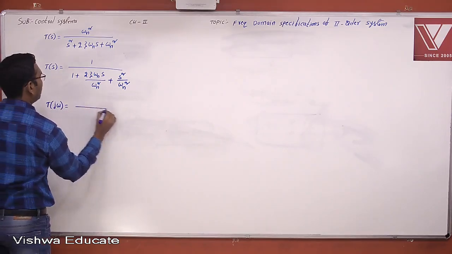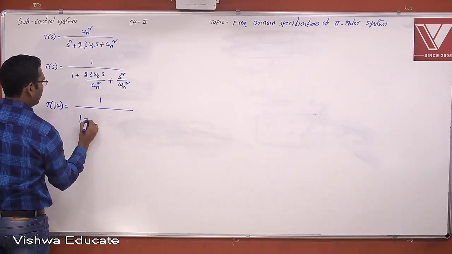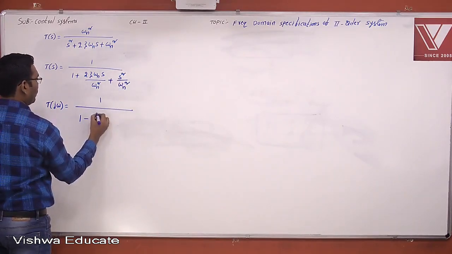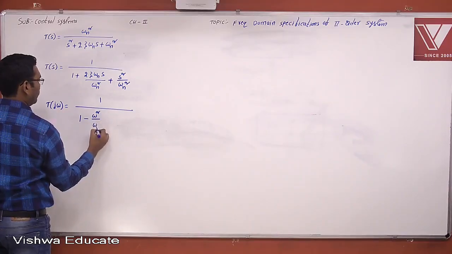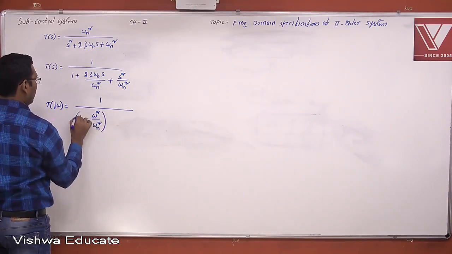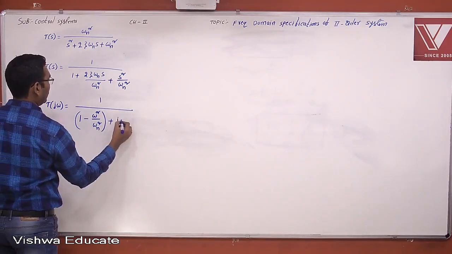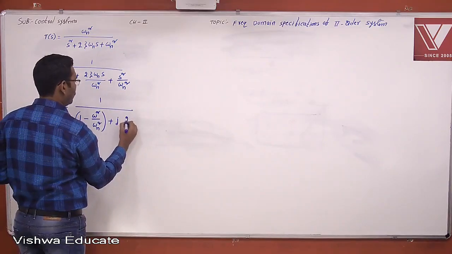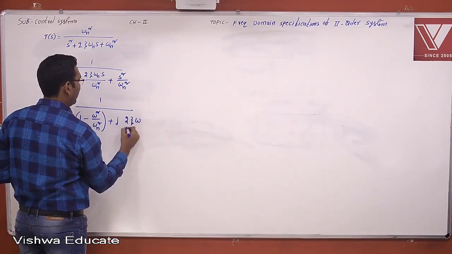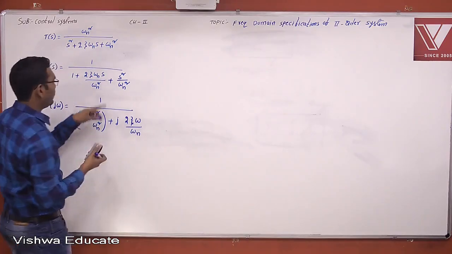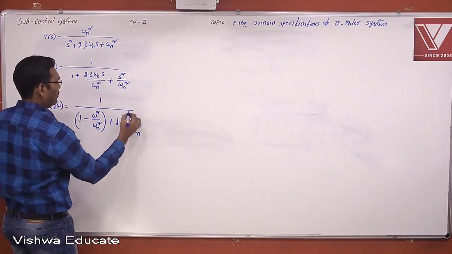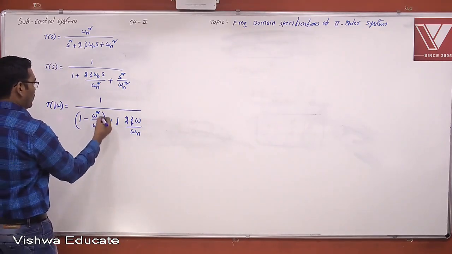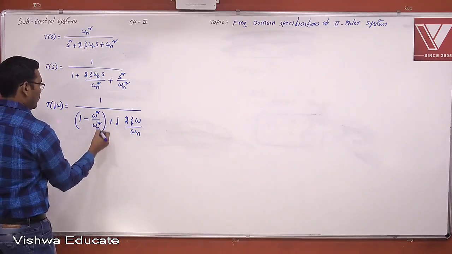If you take T of j omega, it is 1 divided by 1 minus omega square by omega n square, since j square is minus 1, plus j, replacing S with j omega, 2 zeta omega by omega n, because omega n square is already cancelled.